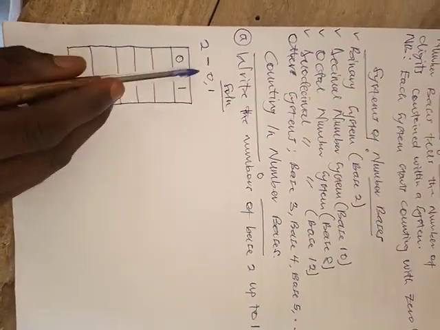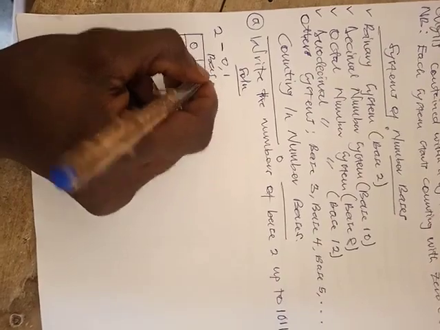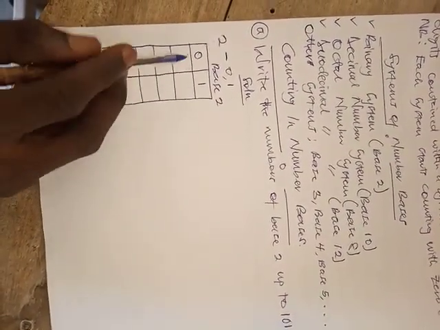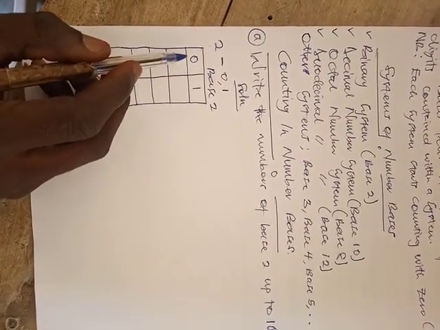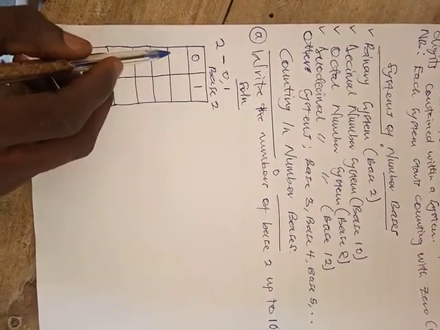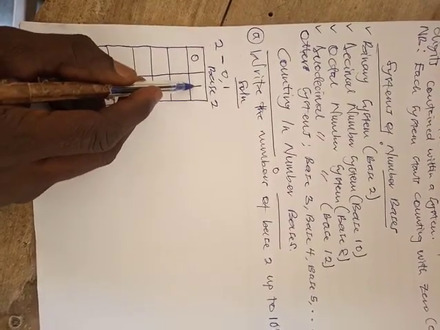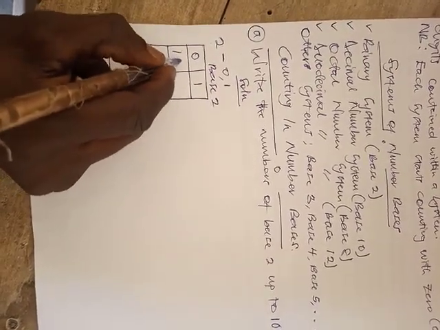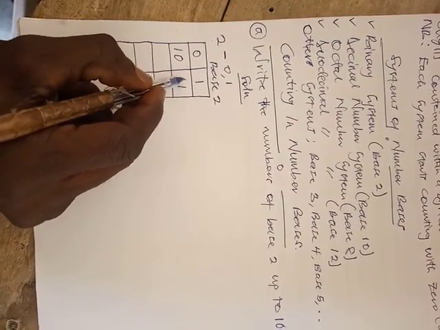Okay, since base 2 is 0 and 1, this is how it goes. What you are going to do is that 1 precedes 0, and 1 will precede itself.